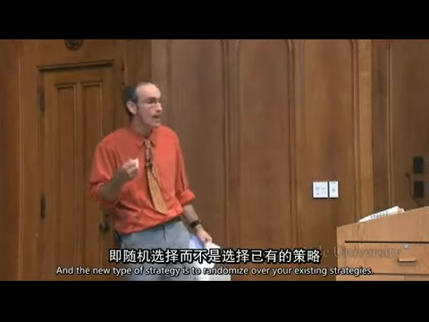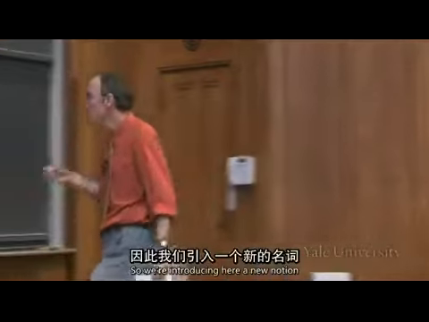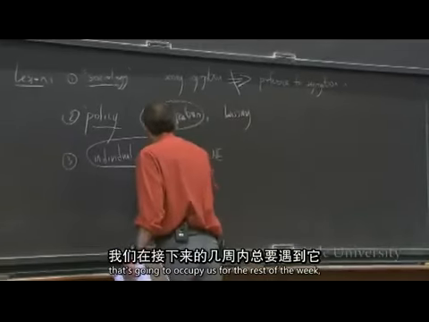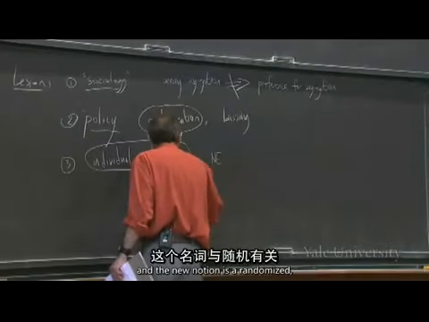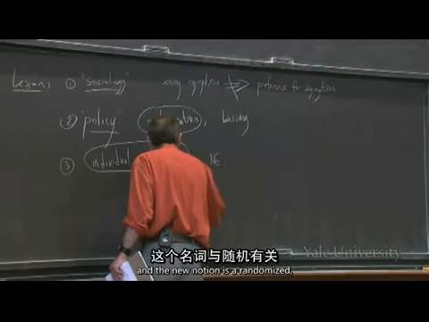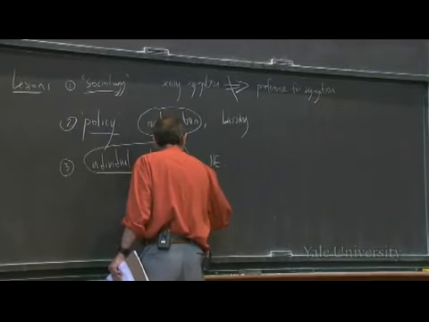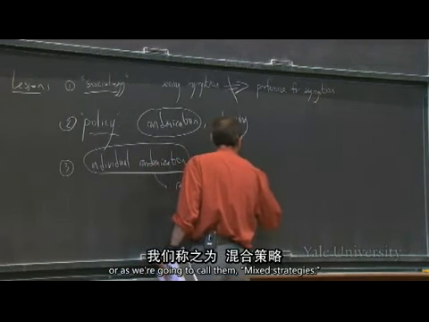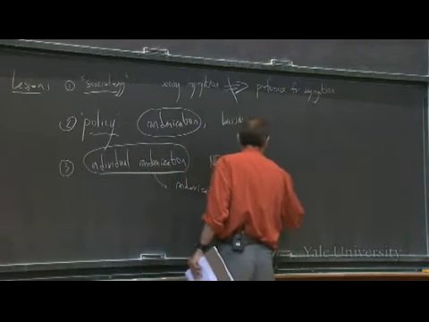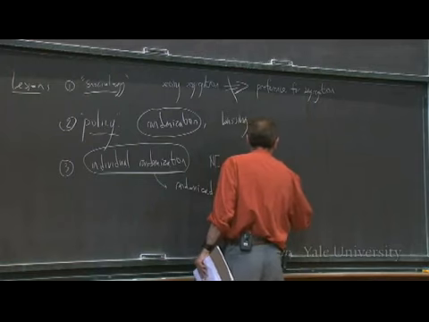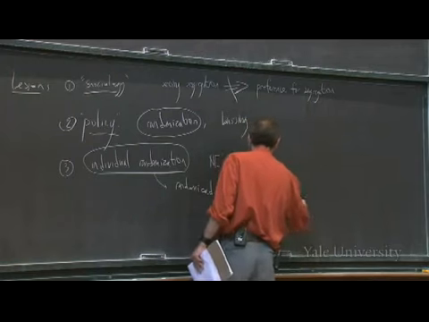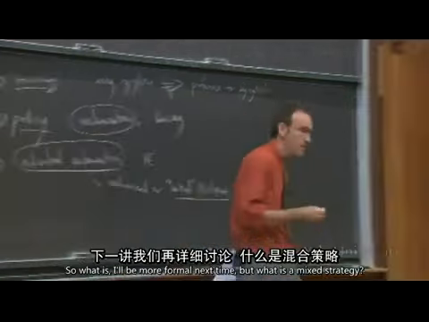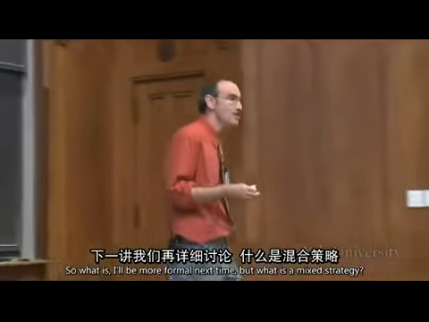And the new type of strategy is to randomize over your existing strategies. All right? So we're introducing here a new notion that's going to occupy us for the rest of the week. And the new notion is a randomized, or as we're going to call them, mixed strategies. All right, so what is, I'll be more formal next time, but what is a mixed strategy?